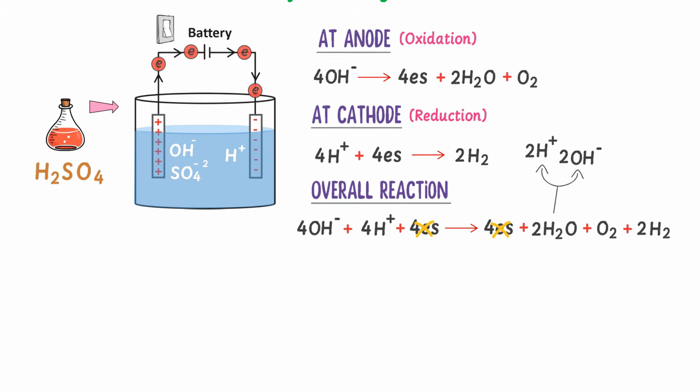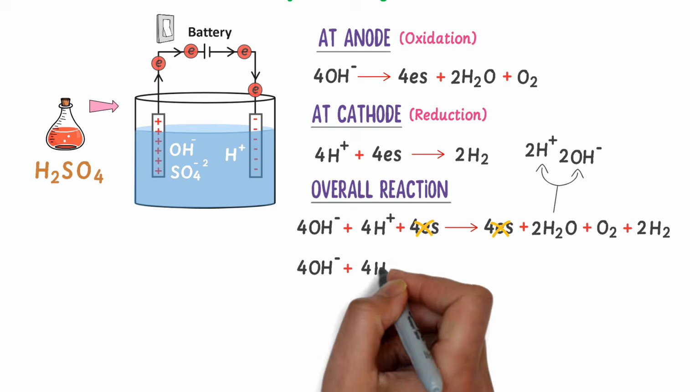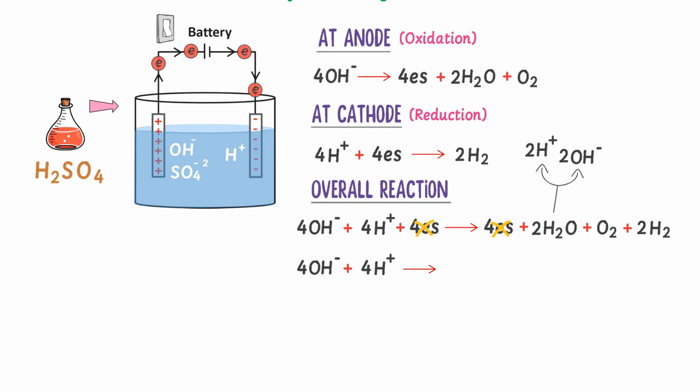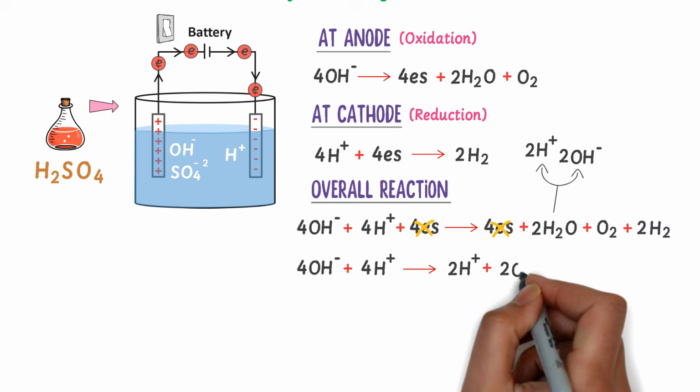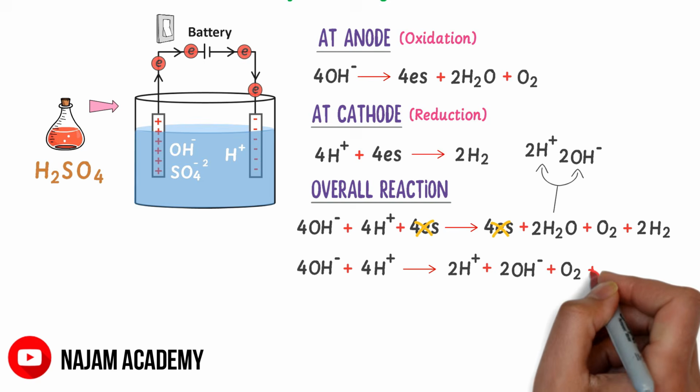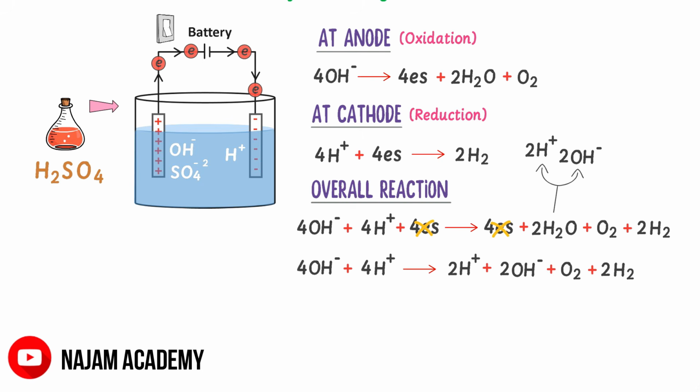I write 4 hydroxide ions plus 4 hydrogen ions react together to form oxygen gas plus 2 hydrogen ions plus 2 hydroxide ions plus 2 hydrogen gas. Here, I cancel the spectator ions at both sides. Out of 4 hydrogen ions, 2 are cancelled with these 2 hydrogen ions. Similarly, out of 4 hydroxide ions, 2 are cancelled with these 2 hydroxide ions.